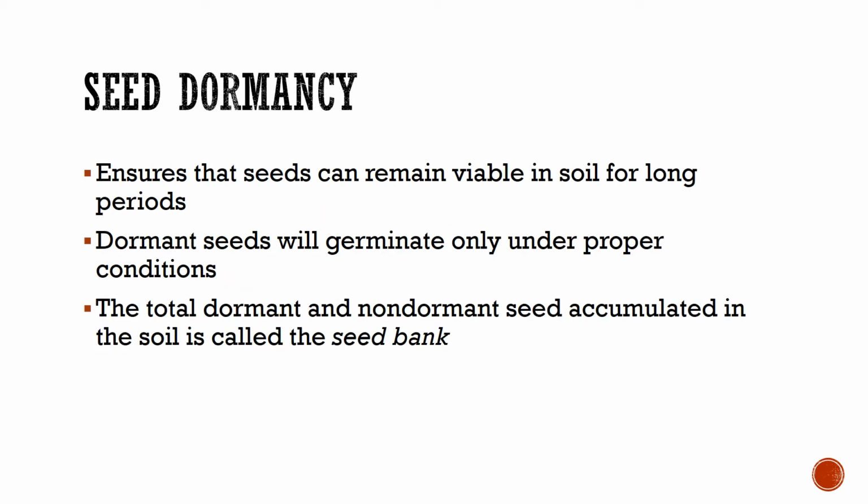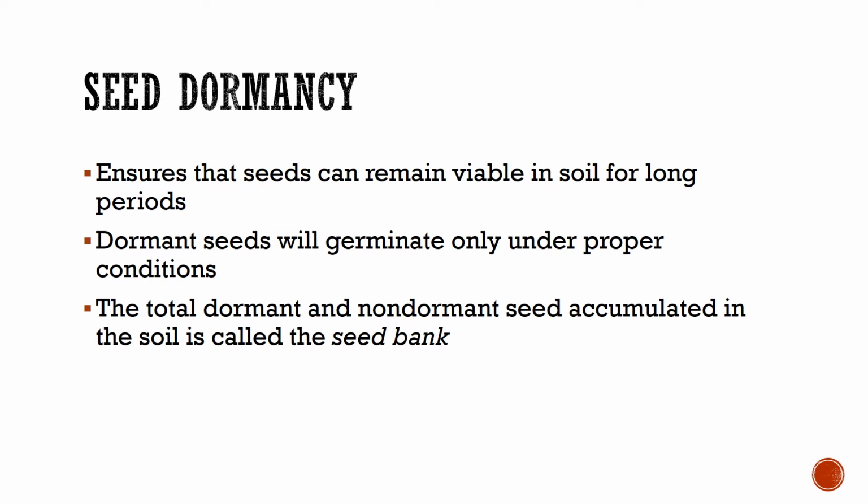Weeds have the same type of dormancy that field plants do as well. But the thing about weed seed is they can be dormant for quite some time, for long periods of time, and that will let them germinate over different types of conditions, and not necessarily have to have the right conditions like a field crop would.